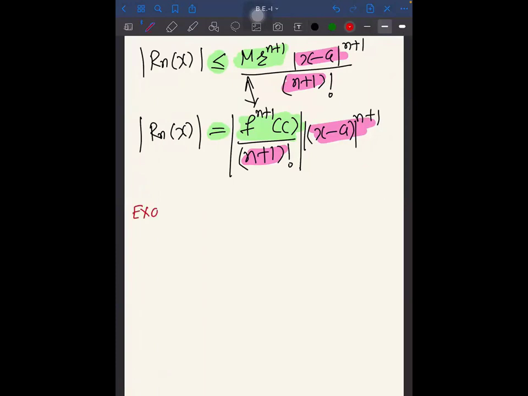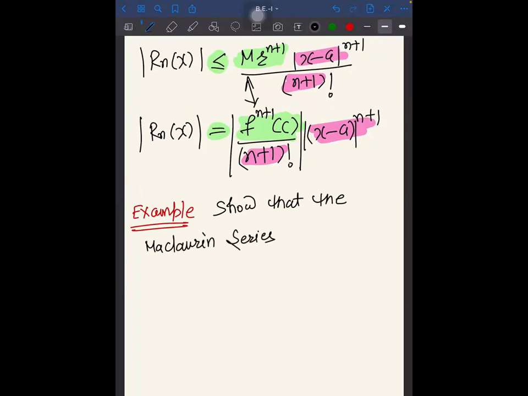Example: show that the Maclaurin series for sin x converges to sin x for all x. See, that's what we want to prove.